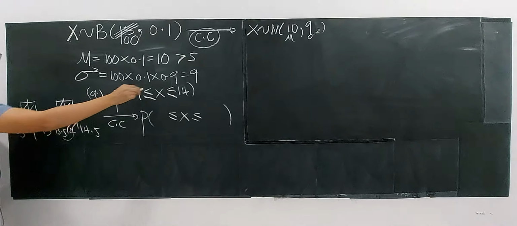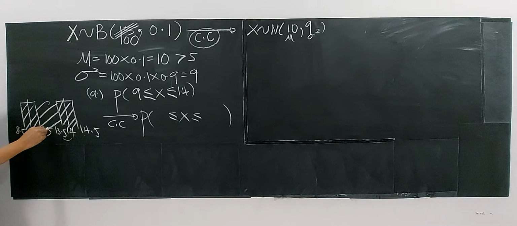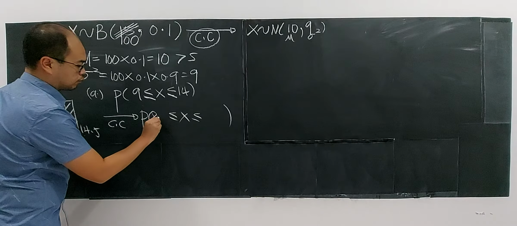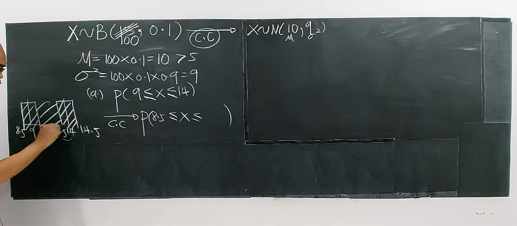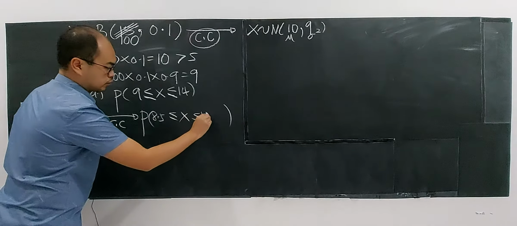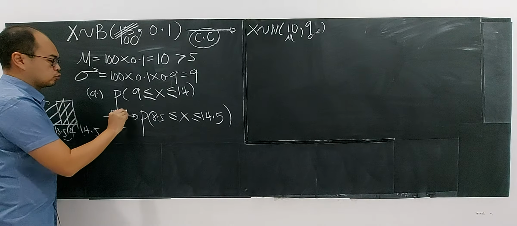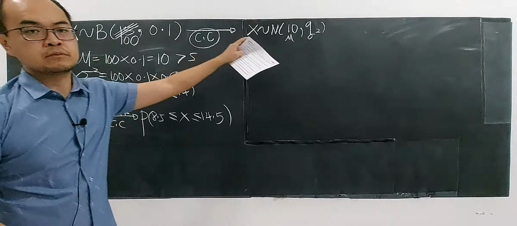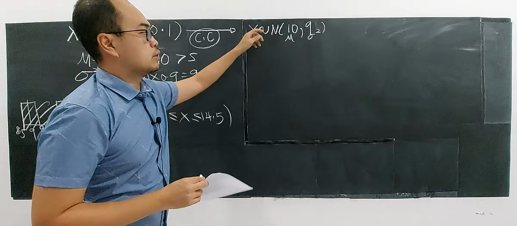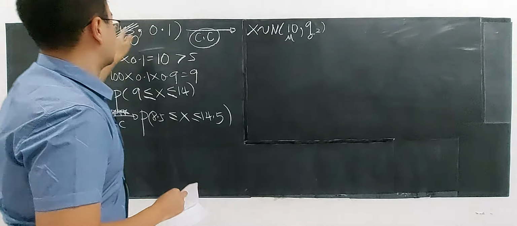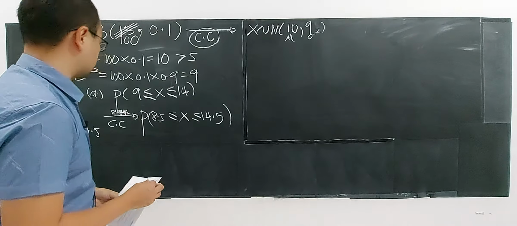In between means all the region here. So you start to shade the region from 8.5 up to 14.5. This is very important when you're doing approximation, especially when you're using a continuous distribution to approximate a discrete distribution.